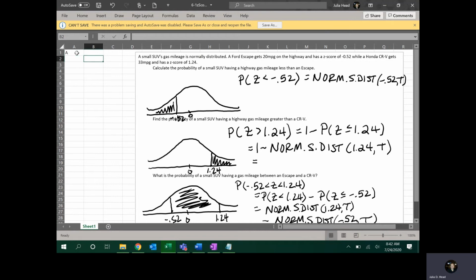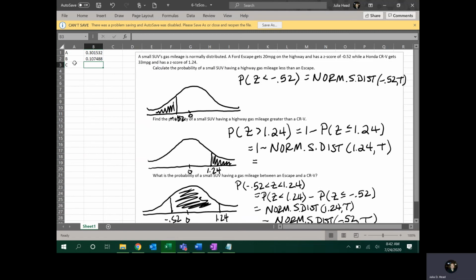So for part A, we have norm.s.dist of negative 0.52 comma true, or 0.3015. For part B, don't forget the 1 minus. This time of 1.24, comma true, or 0.1075.